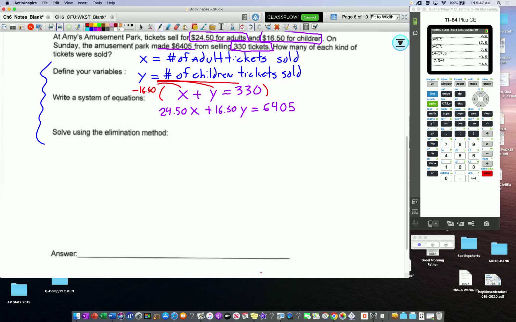Distribute. So I have to distribute it to all. Watch how I have negative 1650x minus 1650y equals, so I have to do 330 times negative 1650, which is negative 5,445. Now I can take this equation, copy it, and put it right underneath.